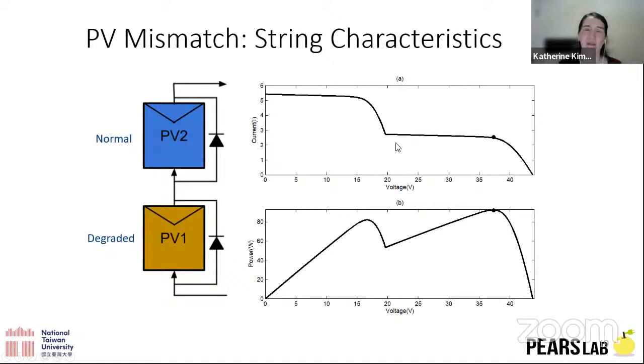So for each of the panels, it kind of steps down once the current goes above the characteristics for the degraded one. And when we map this into the power, we see that we get these two kind of hills here. And the problem with this is that we're not able to optimize. One is that the total power is reduced.